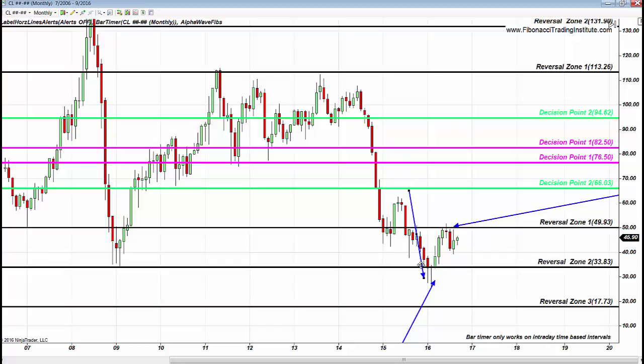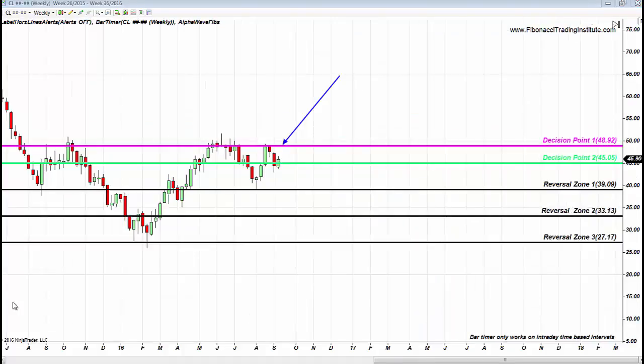So let's take a look at weekly, and let's remember the end of the minor trend. Remember, it was a crucial support on monthly, and it is crucial resistance on weekly. These levels have been in front of you for over a year.